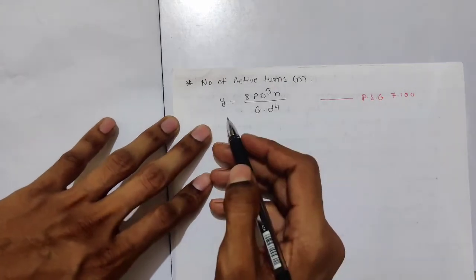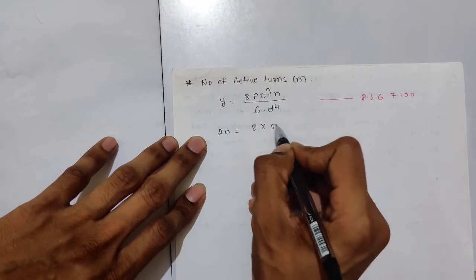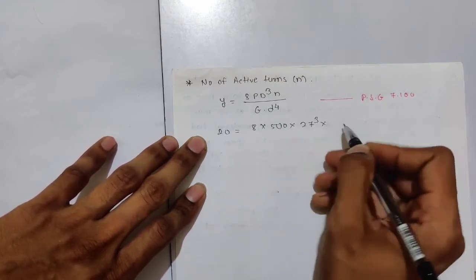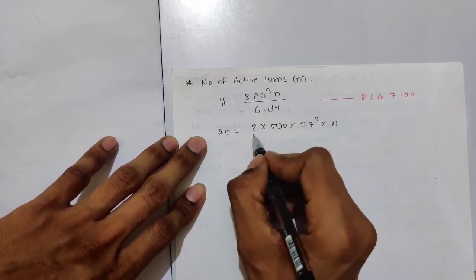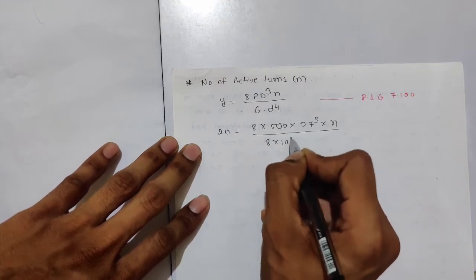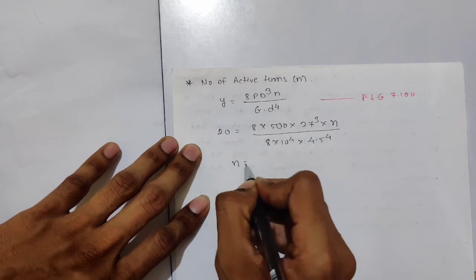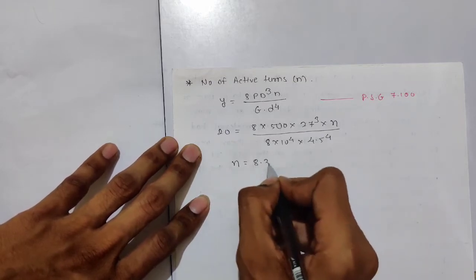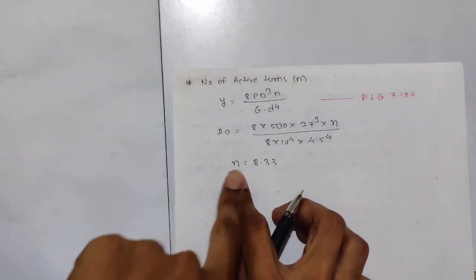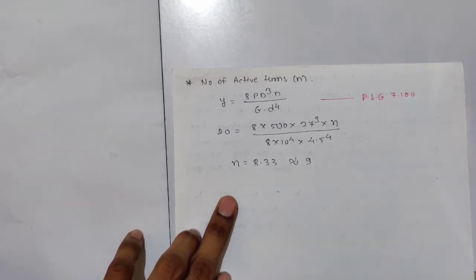Now we know y value, that is 20, is equal to 8 into P 500, D we found out 27 cube into n, we need to find, upon G. G is given in the question itself, 8 into 10 raised to 4, and d is 4.5 raised to 4. From this you can find n and you will get 8.33. But n is the number of active turns and it should be a whole number, so it is equivalent to 9.